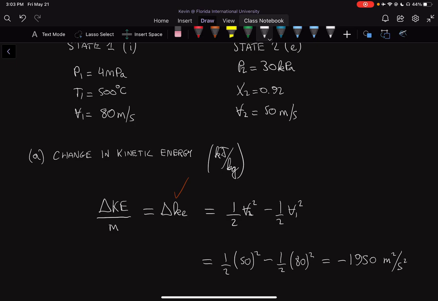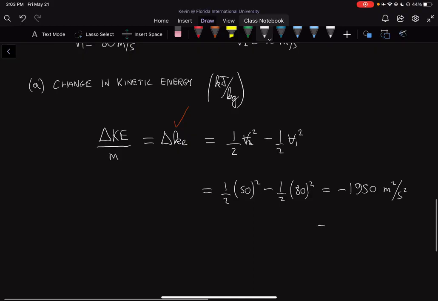Okay, and now with this unit of meters squared per second squared, we can convert this and say that this is 1950 joules per kilogram. And in this class we usually like to have kilojoules per kilogram as our default unit, because joules are very, very small.